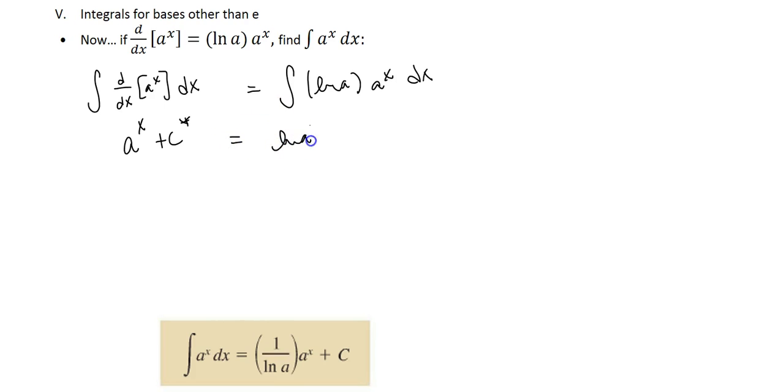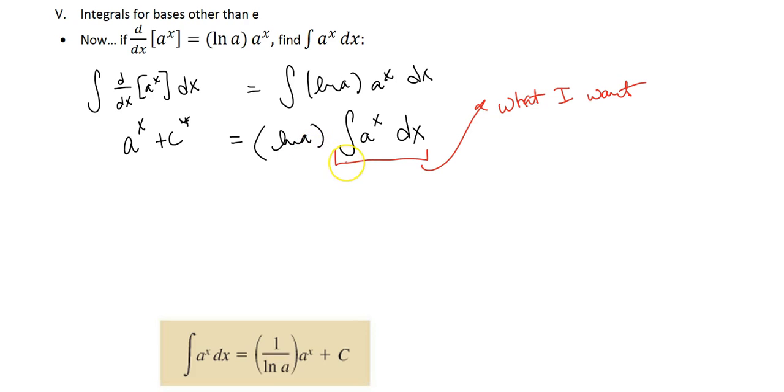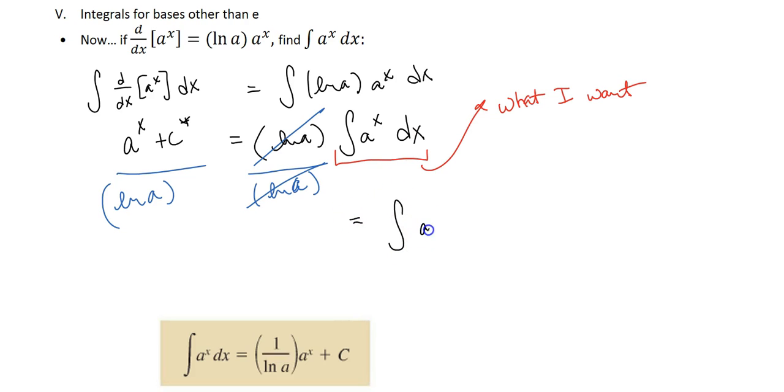Here I'm going to bring the natural log of a out and have the integral of a to the x dx. Now here's where this gets a little weird. This is what I want, and I've almost got it. I can solve for it by dividing by the natural log of a. So on the right hand side I have the integral of a to the x dx. On the left hand side I want to get some kind of function plus a constant, since it is an integral.